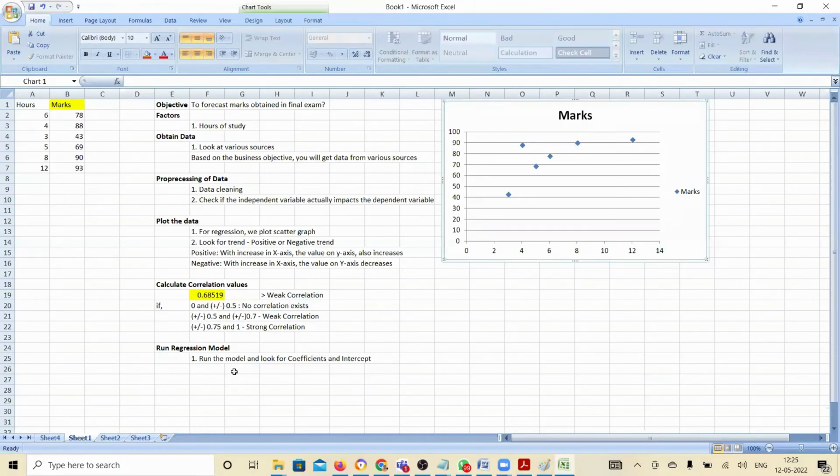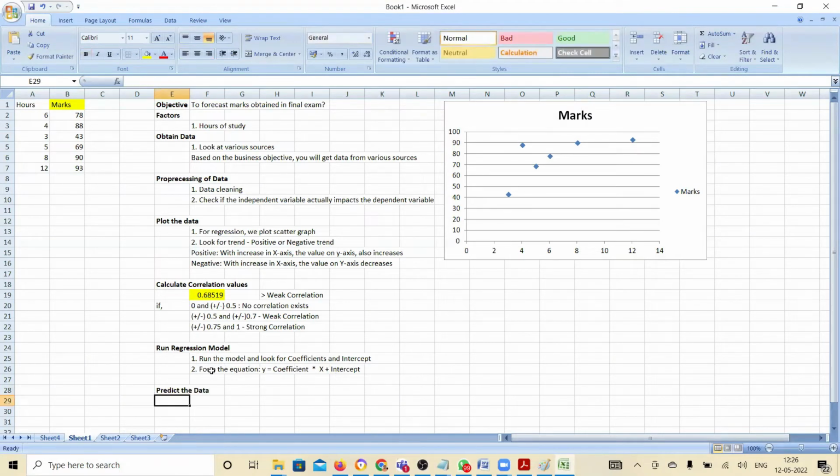So here you run the model and look for coefficient, intercept and form the equation. Y equal to your coefficient into x plus the intercept.